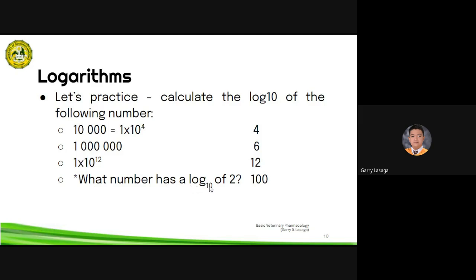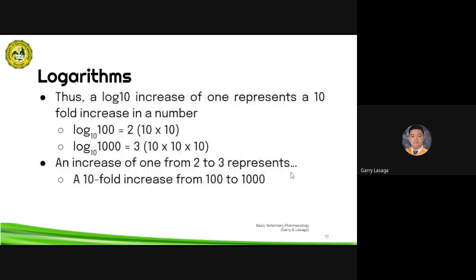So what number has a log base 10 of 2? The number that has a log base 10 of 2 is 100, because to get 100, we need to multiply 10 two times. Thus, a log base 10 increase of 1 represents a tenfold increase in a number. So for example, a log base 10 of 100 is equal to 2.